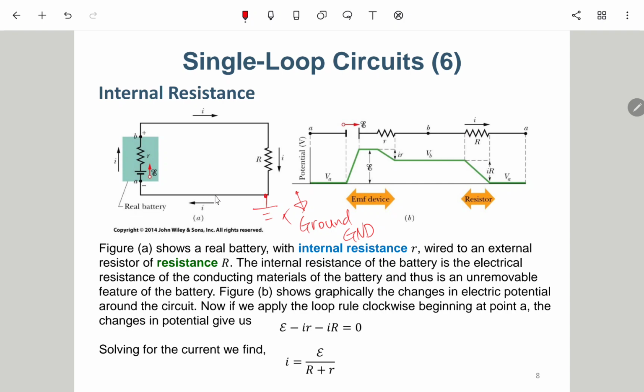So let's say if this is a ground, we don't put VA here, we just make it 0, because finally VA and VA will always cancel each other. So we can just consider this as 0 volts, and then we also go in the clockwise direction. So here we go through this EMF, so plus E here, and then going through this small resistor R.